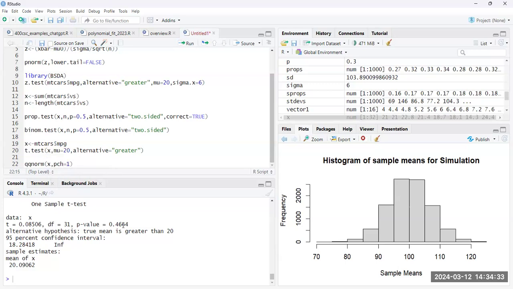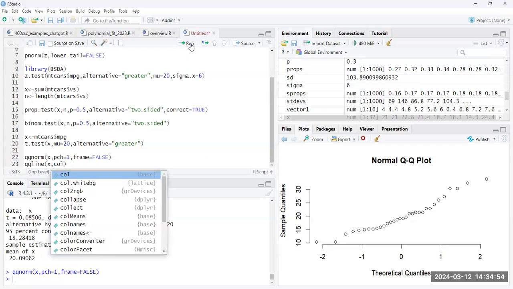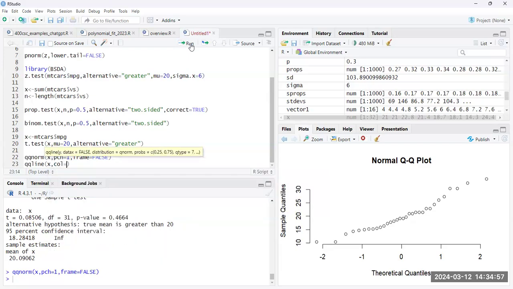pch equals 1, so that's just the plotting point style. Frame equals false. And then that's just the dots for the data. And then I can add the line, qqline, x, comma, and I'm going to color them steel blue, and the line weight, lwd, 2.